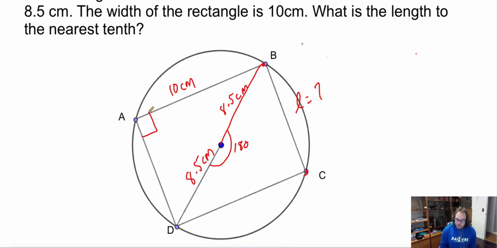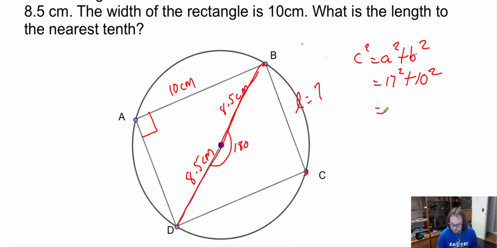So that means I could use my Pythagorean theorem, where we know c squared is equal to a squared plus b squared. So my hypotenuse is obviously this line right here, which is going to be my diameter of the circle. And that is a total of 17 squared. So I'm going to have 17 squared plus 10 squared.